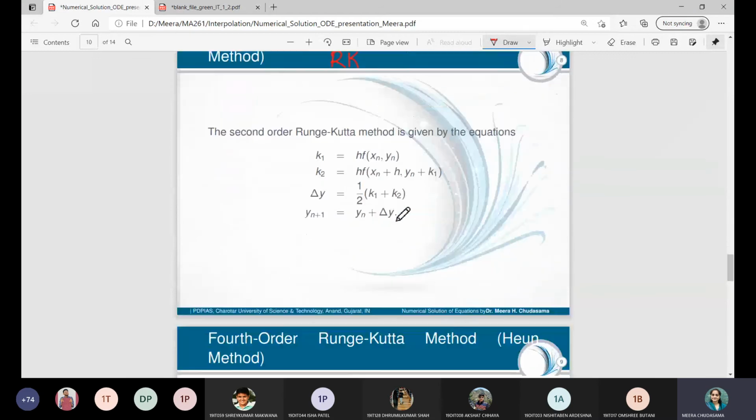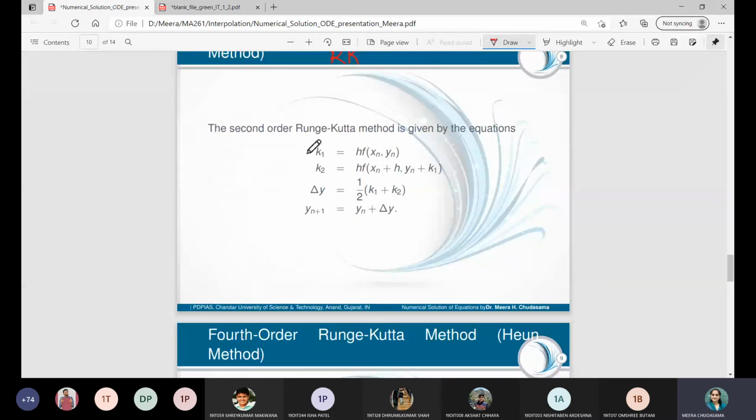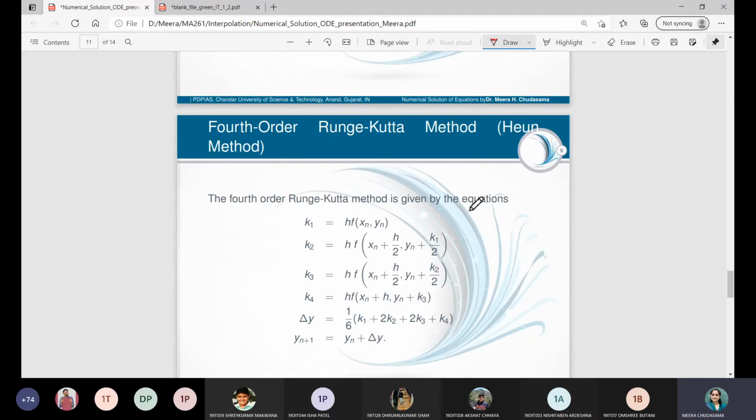Let me show you. Here it is written: compute k1, k2 first, compute delta y in the next step, and then finally add it to yn. You will get the new approximation. Similarly, to compute with the fourth order Runge-Kutta method, compute k1, k2, k3 and k4. The function value will be at xn, yn, then xn plus h by 2, yn plus k1 by 2.